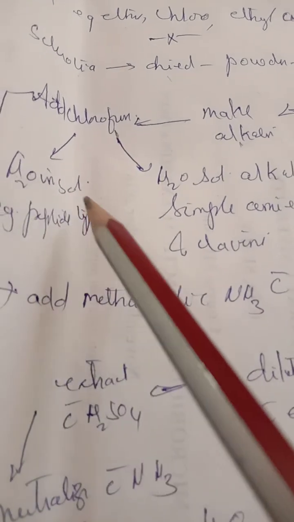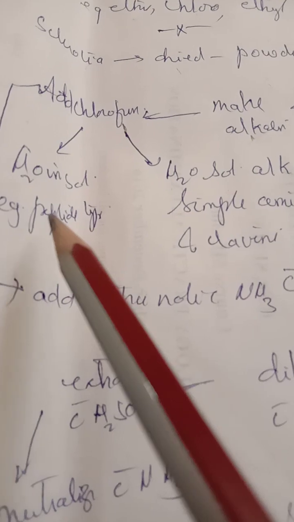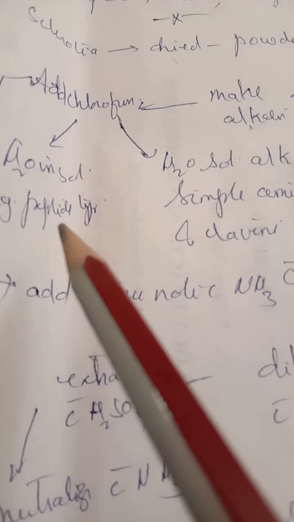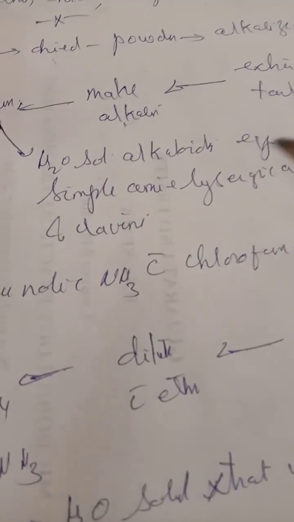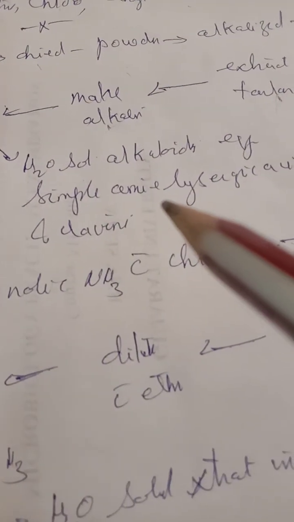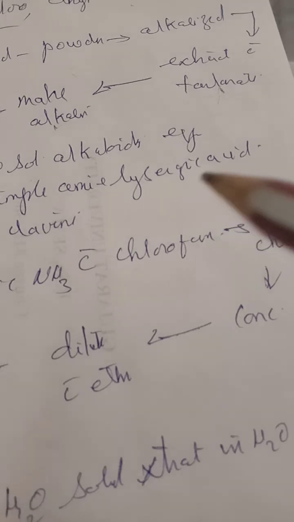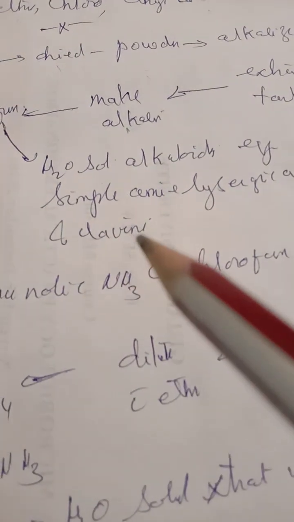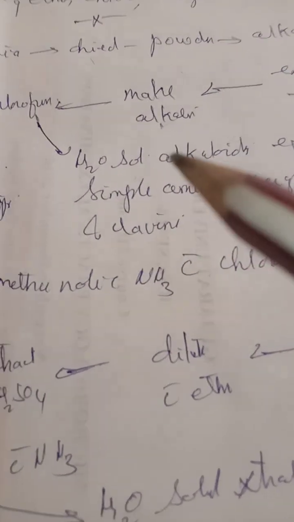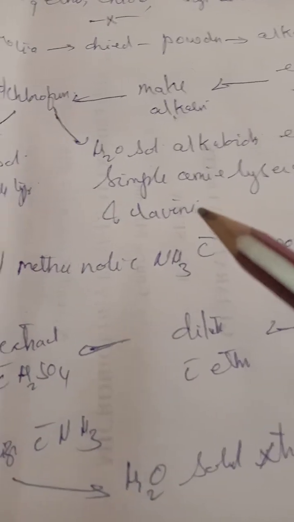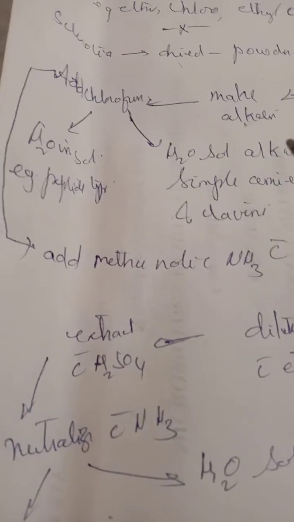Examples of water insoluble ergot alkaloids are normally of peptide types, and water soluble alkaloids are simple amines, lysergic acids and clavines. All these are ergot alkaloids which are present in the ergot.